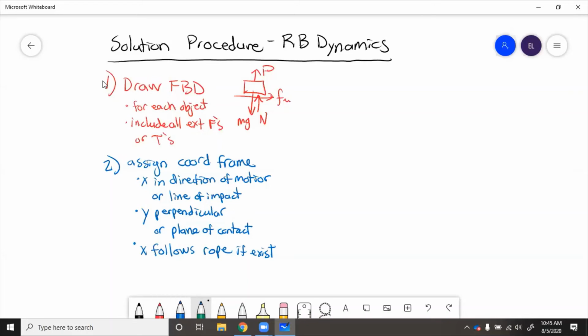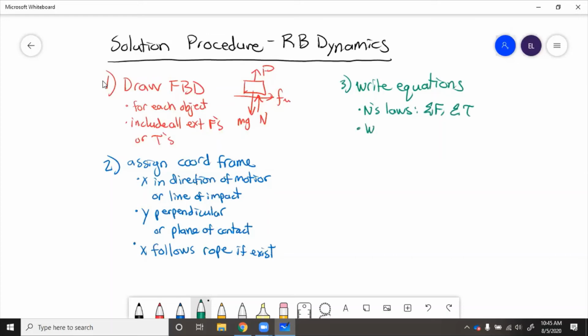Then finally, we write equations. So this could be Newton's laws, sum of the forces, sum of the torques.